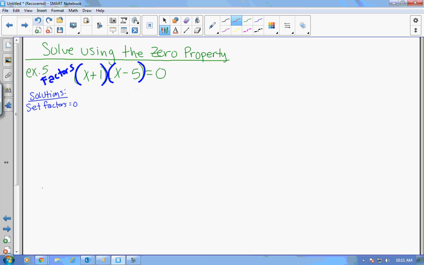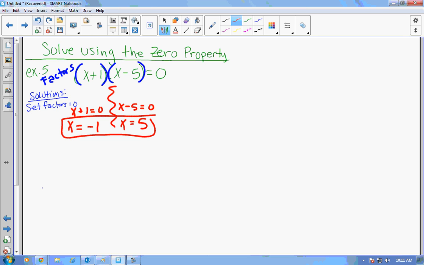Because I know this property works, I don't have to show those steps. I just do a little squiggly, and I say x plus 1 equals 0, x minus 5 equals 0. So therefore, x would be what number here? Negative 1, and this one? Positive 5. There are my roots, my solutions, my x-intercepts, my zeros.